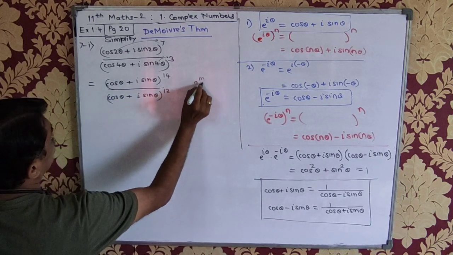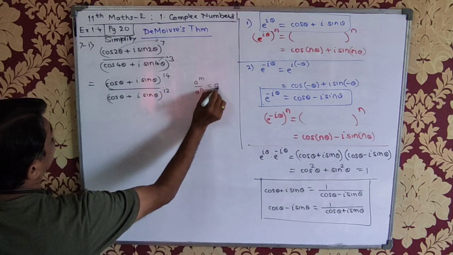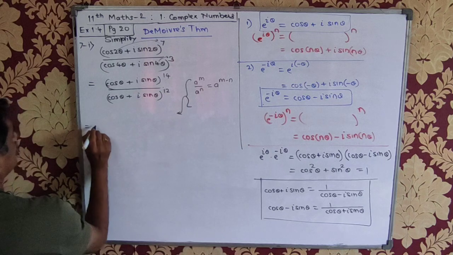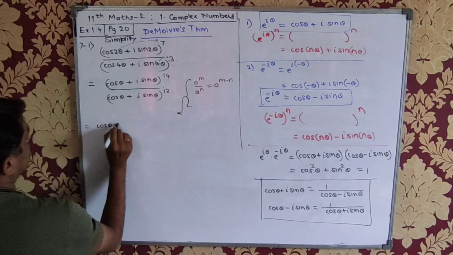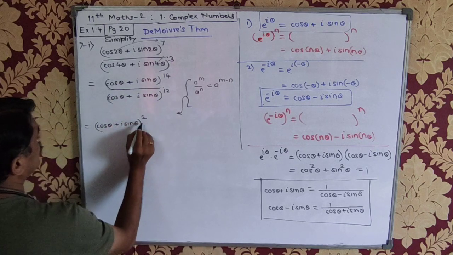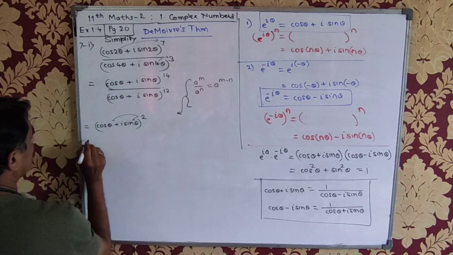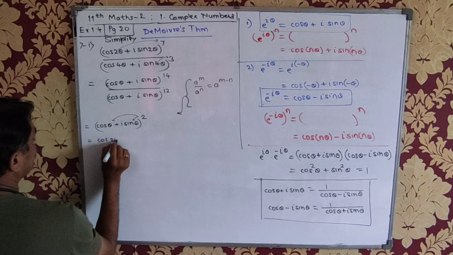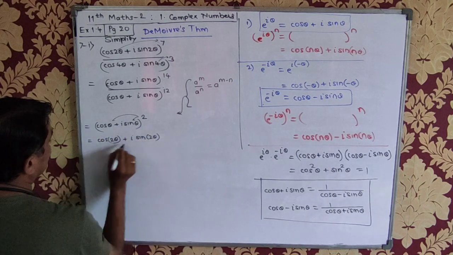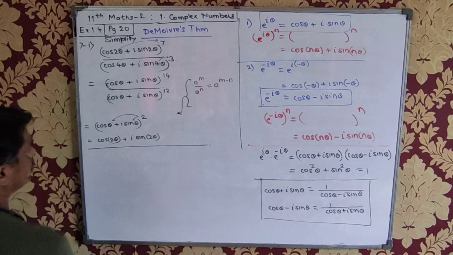Now a raised to m upon a raised to n is equal to a raised to m minus n. तो apply करो. So this is (cos theta plus i sin theta) raised to 14 minus 12, 2. अब 2 को अंदर भेजो. So this is cos 2 theta plus i sin 2 theta. That's the answer. Is this okay?